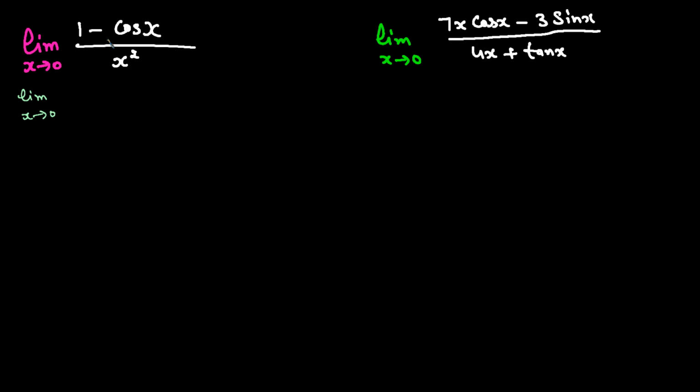1 minus cos x is basically equal to 2 sine square x over 2, divided by x square.